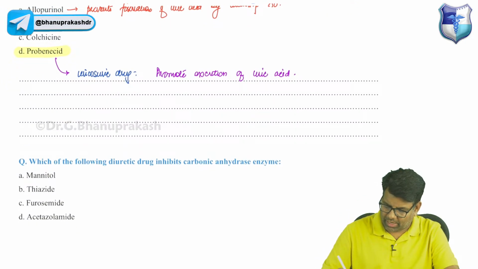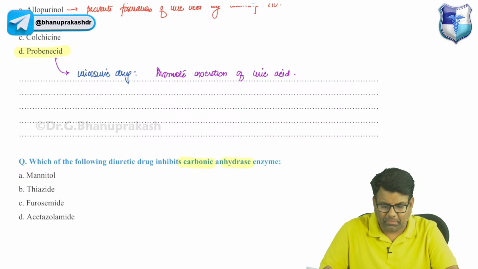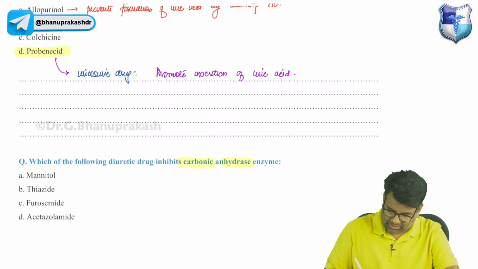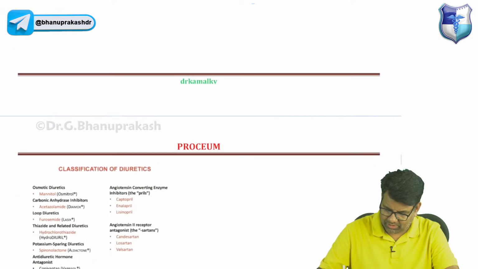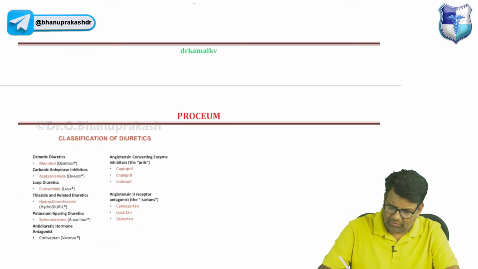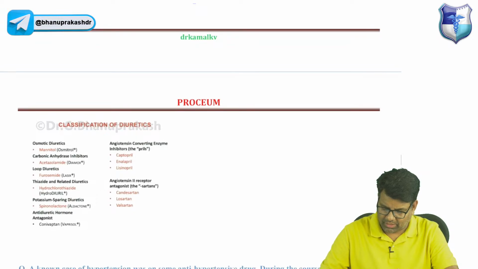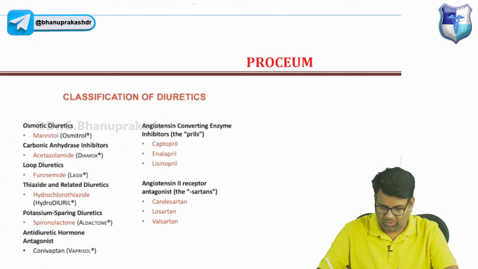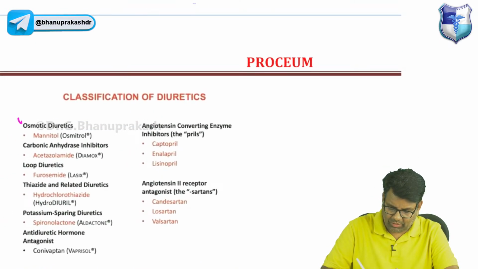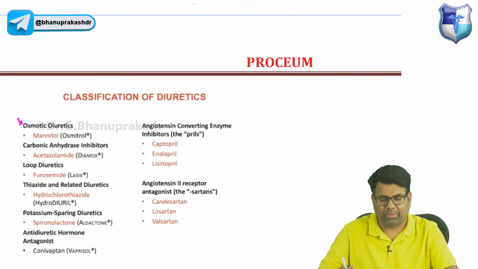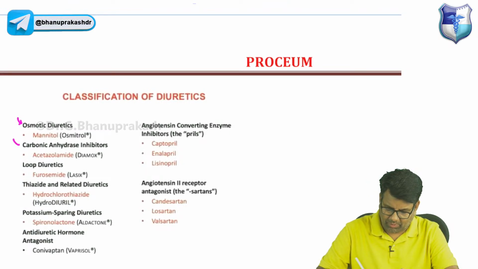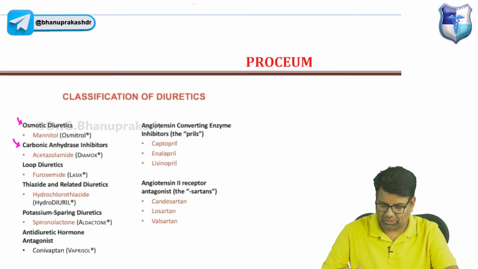Which of the following diuretics inhibits carbonic anhydrase enzyme? Acetazolamide, yes, correct. Acetazolamide. And if you have just a basic classification of the diuretics, the one which you should know at least, one is the osmotic diuretic, which is mannitol. The second one, the carbonic anhydrase inhibitor, that is acetazolamide.